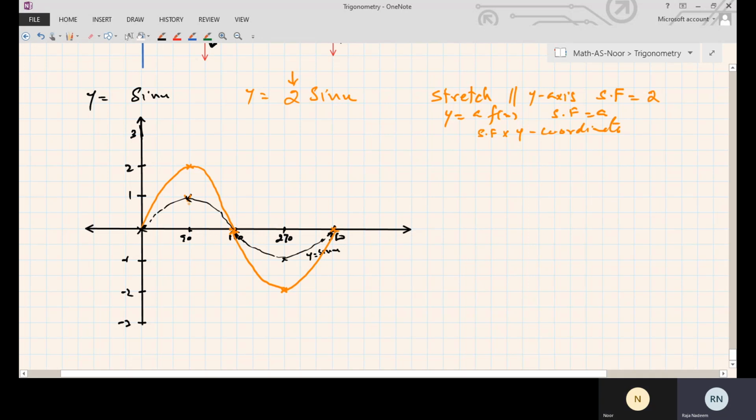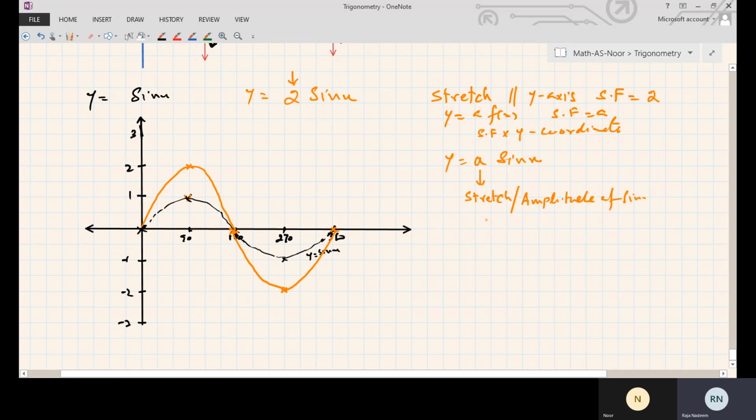In trigonometry, for y equals sine of x, we know that it is a stretch, but in trigonometric functions we call it the amplitude of sine.